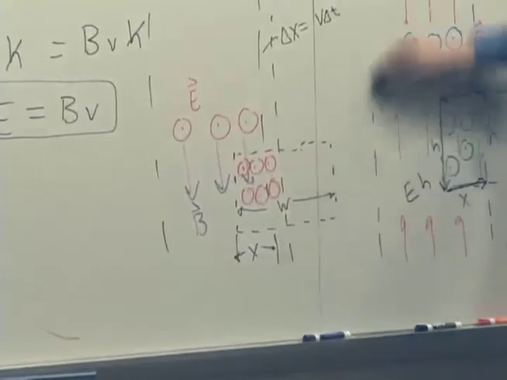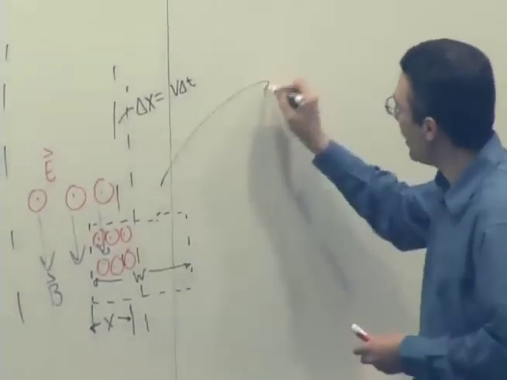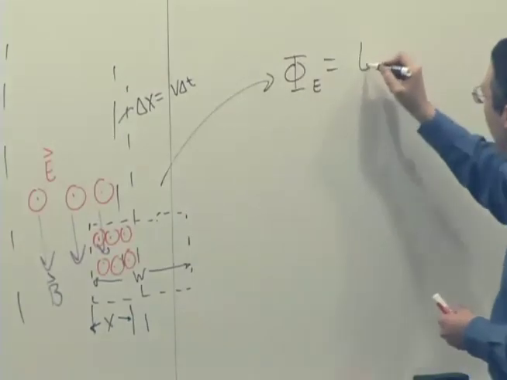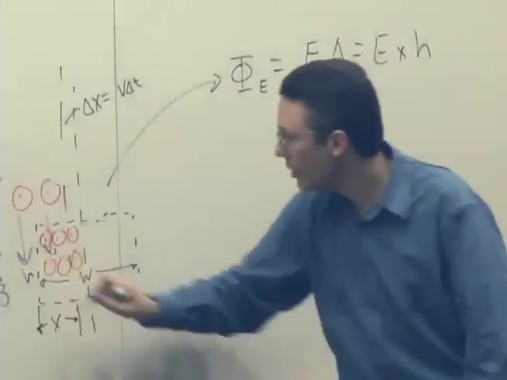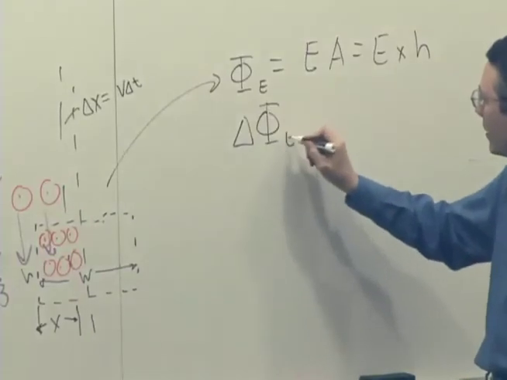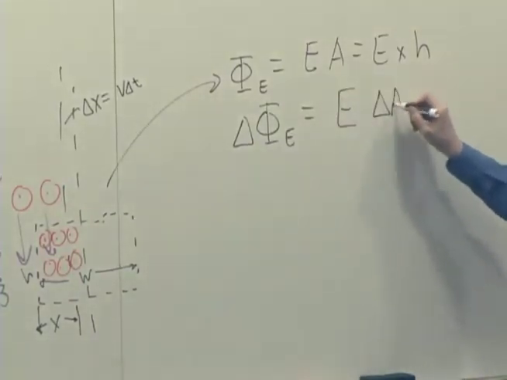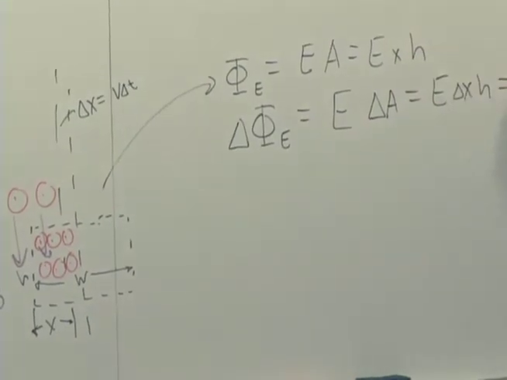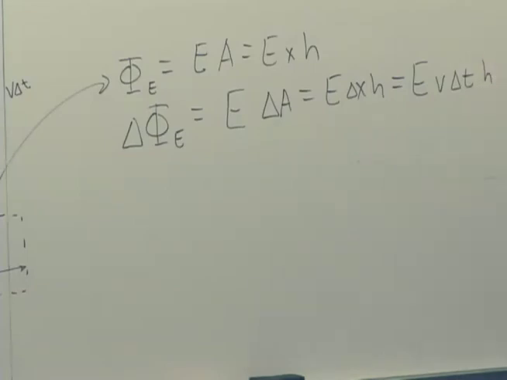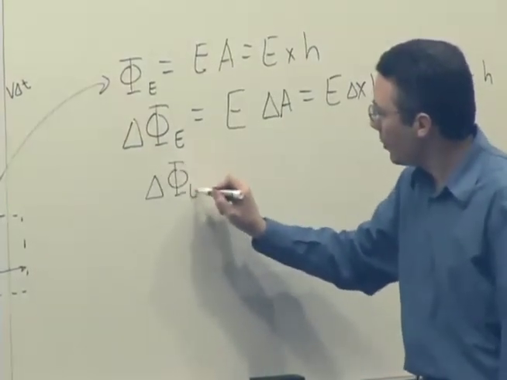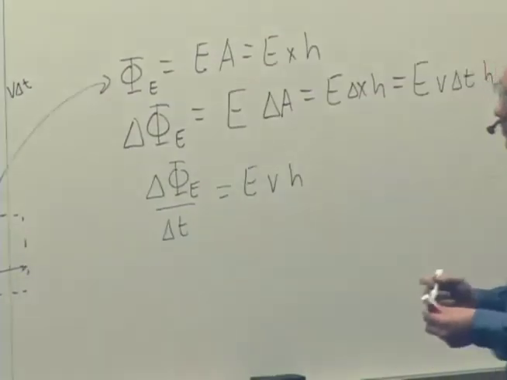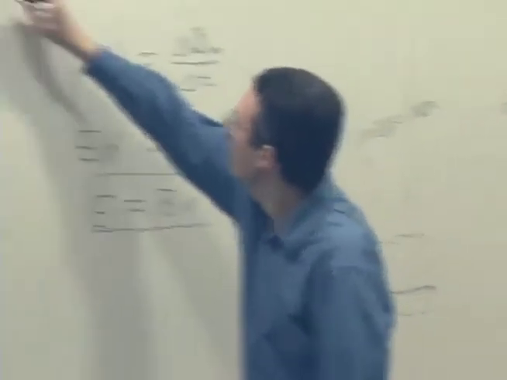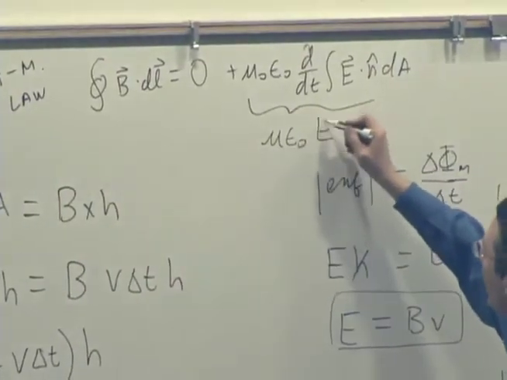My phi electric now is going to be E times the area, or E times X times H. My delta phi is going to be E times that change in area, or E times delta X times H, which is E times V delta T times H. And the change in electric flux per unit time, I just divide out that time and I get E times V times H. So on this side of the equation, I get mu naught epsilon naught E V H.